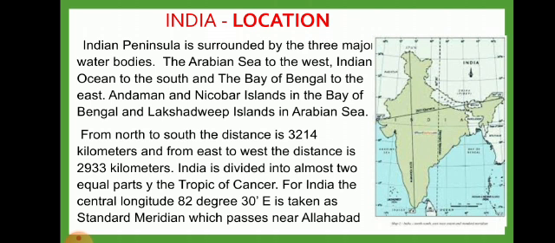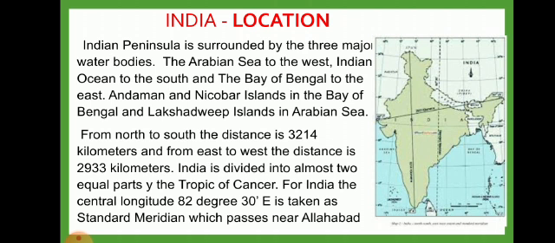This Indian Peninsula is surrounded by three major water bodies: the Arabian Sea to the west, Indian Ocean to the south, and the Bay of Bengal to the east. Andaman and Nicobar Islands are in the Bay of Bengal, and Lakshadweep Islands in the Arabian Sea.